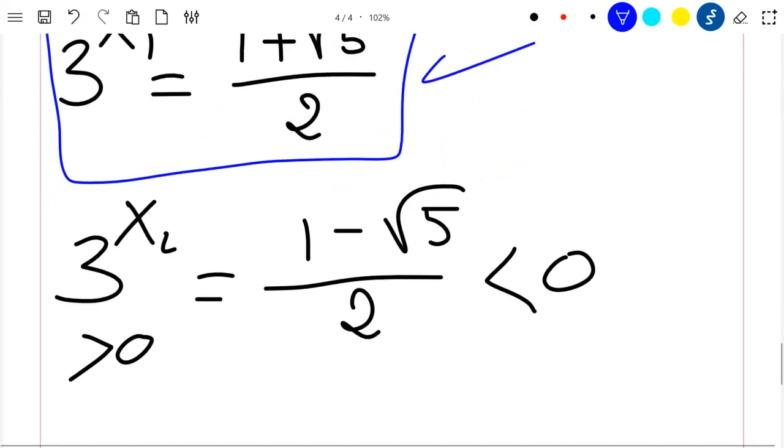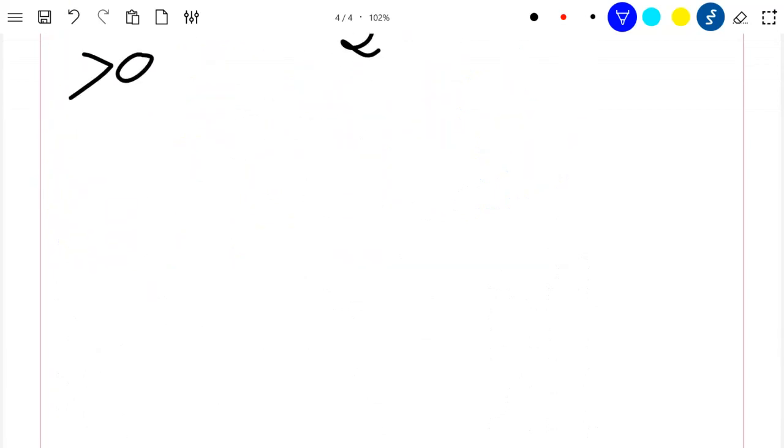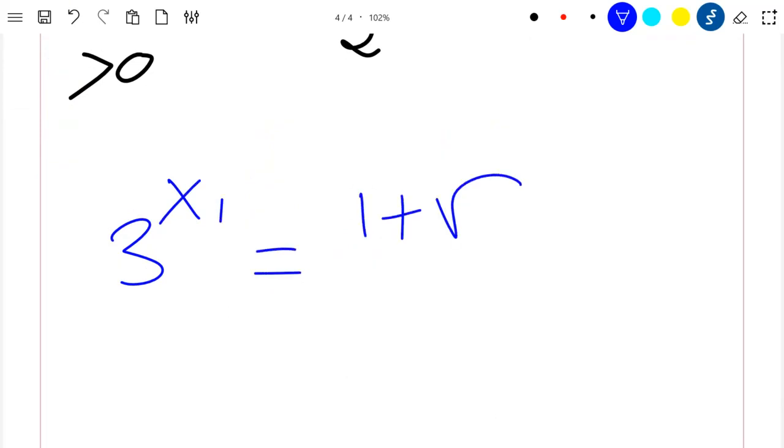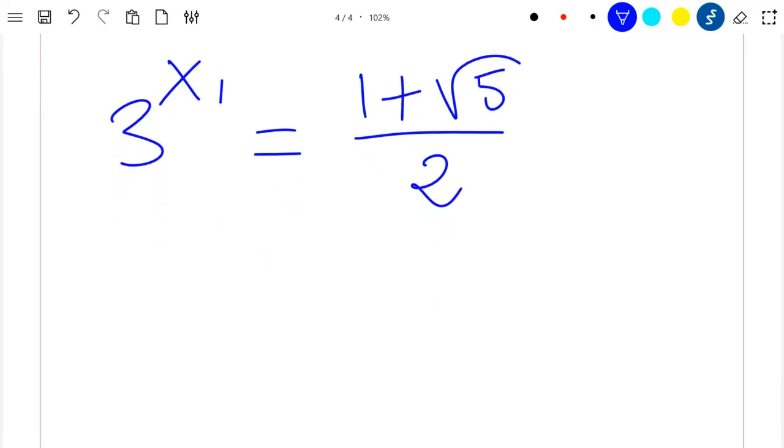Let's solve this one. I have now 3 to the power x1 is equal to 1 plus the square root of 5 divided by 2. This is positive and this is also positive, so I can apply my log function on both sides of this equation, knowing that my log function will be well defined.